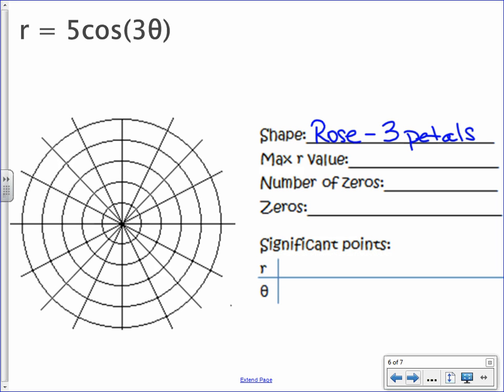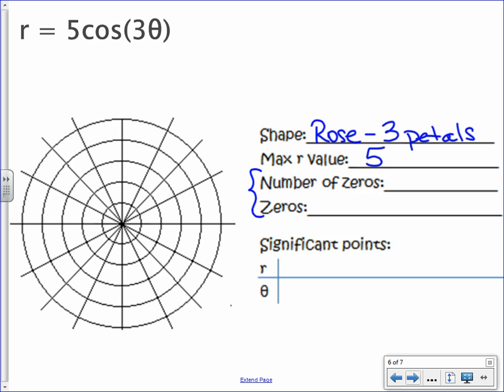Our max R value is the same thing as in a rose curve. How long are the petals? 5. They are 5. Okay, we are going to do the number of zeros and zeros last. We're actually going to plot our curve and then worry about the rest. Now significant points, I am not going to make you draw every single one, but you need at least a couple to get your graph going.